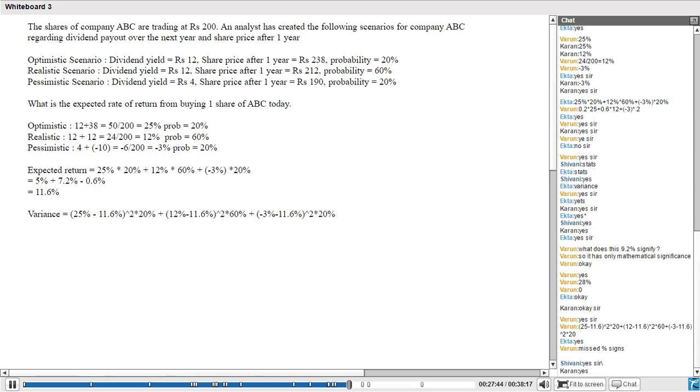So this solves to, and the standard deviation, which is the square root of variance, is 8.87%.